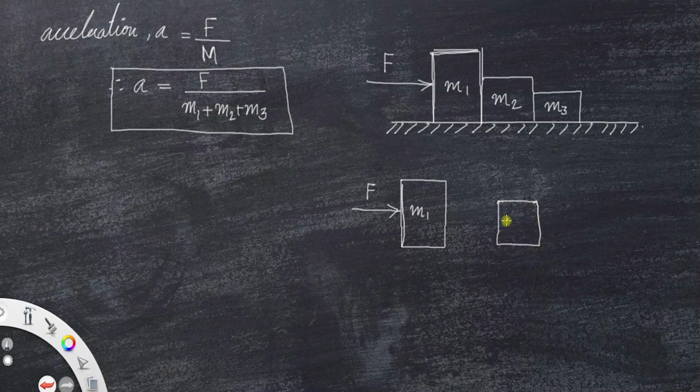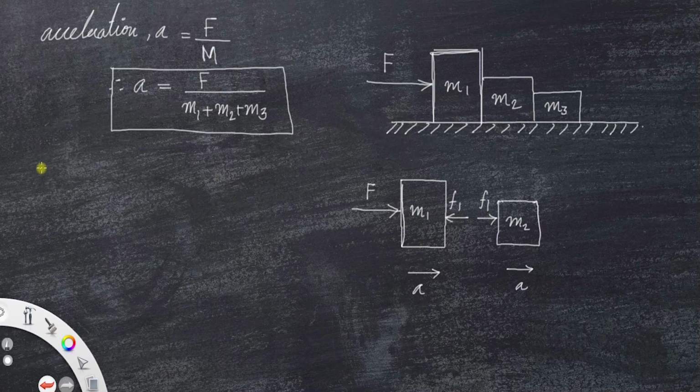As we discussed before, there is an action on the mass M2 by this M1, which is F1, and this M2 will give a reaction to M1 of the same magnitude F1. All these masses have the same acceleration A itself. We already discussed that since they are connected, they do not move with different velocity. So all of them have the same acceleration.